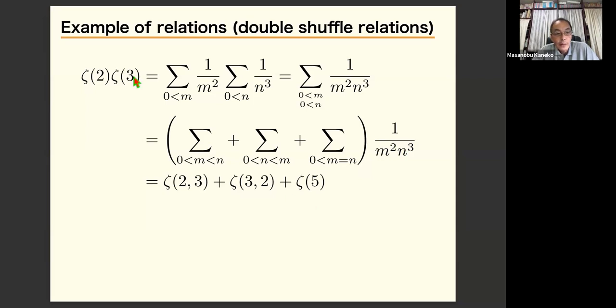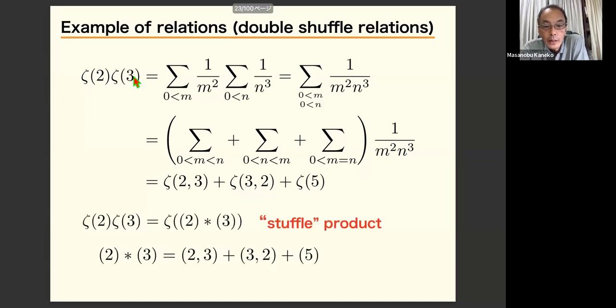The general multiplication of two MZVs is computed in a similar manner as a sum of MZVs. This is sometimes called the stuffle product or harmonic product. We write symbolically the right-hand side as 2 star 3.